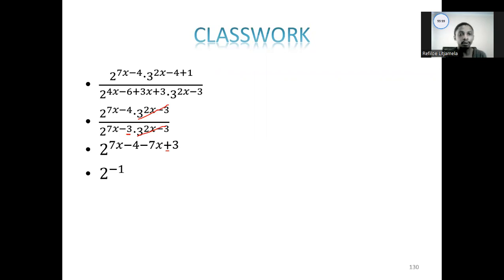The 7, because it's positive, when I move it up, it will be negative. So you'll have 7 minus 7, which is 0, minus 4 plus 3, that will give you negative 1. So I'll end up having 2 to the exponent of negative 1. Take it to the denominator, and that will give me 1 over 2.